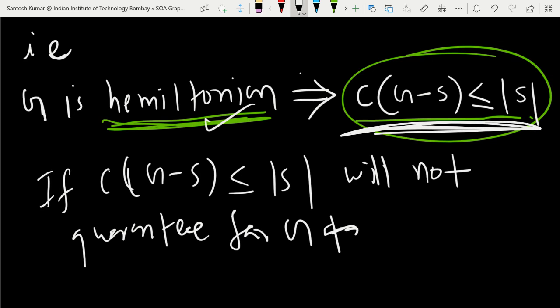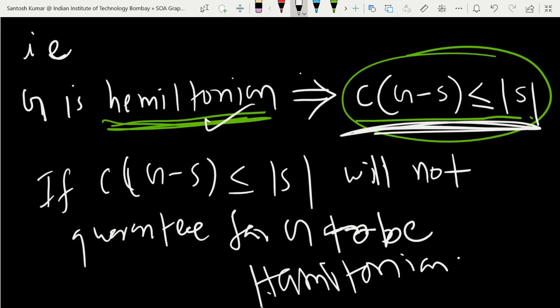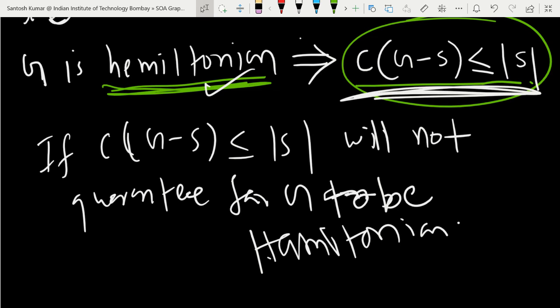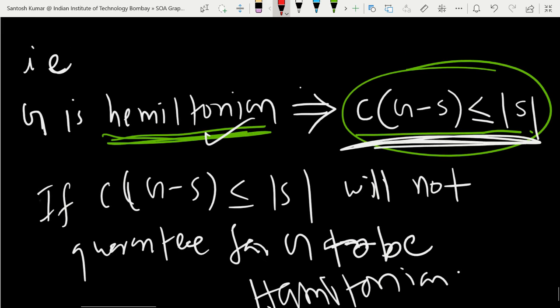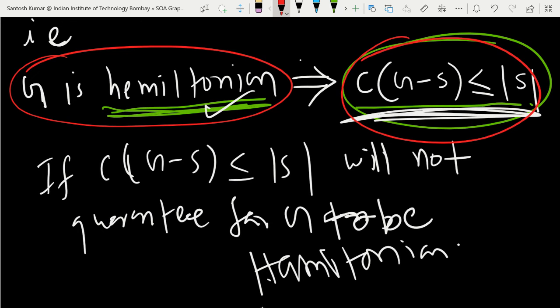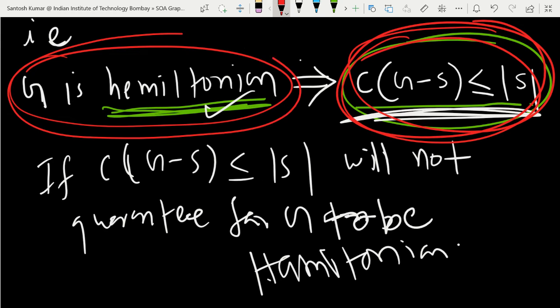This is not a sufficient condition, this is necessary. But this result is sufficient when you want to check that a graph is not Hamiltonian. If it is Hamiltonian, then this holds; if the right side doesn't hold, then the left side will not hold.